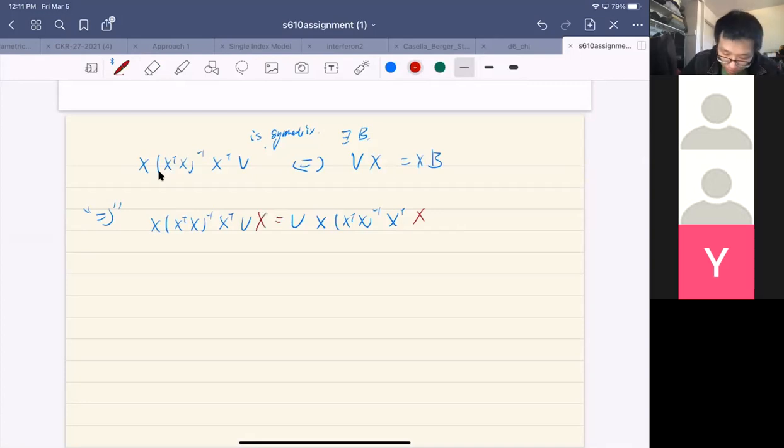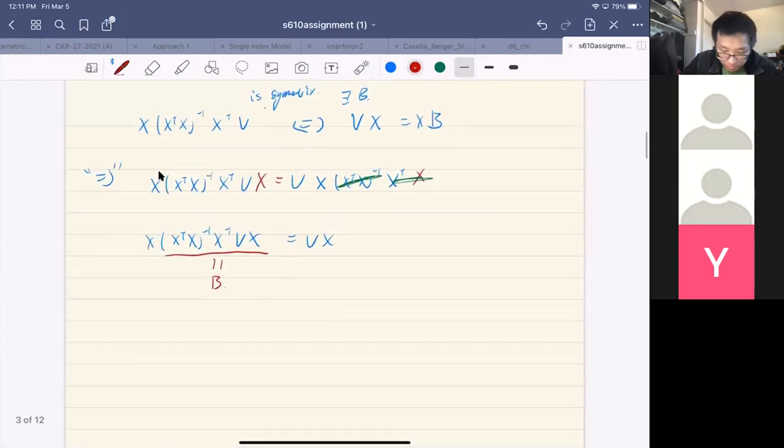So these two can be canceled. Then we have Vx is equal to x. And this is B. The hardest part is the other direction, the only if part.